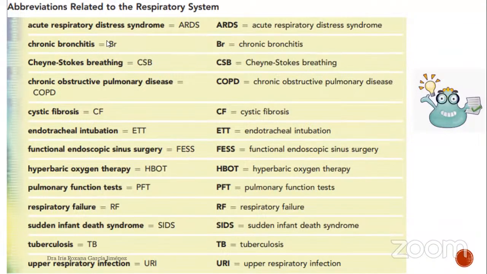Chronic bronchitis, PR, check the difference between the capital letters, so we don't get confused with this. This is the official abbreviation that we can find in books, in articles, in reviews, maybe. And then it's for helping us understand. And the rest of the information is the same.